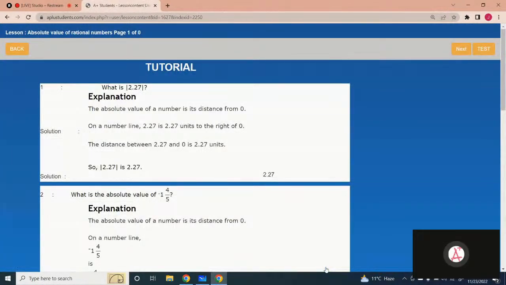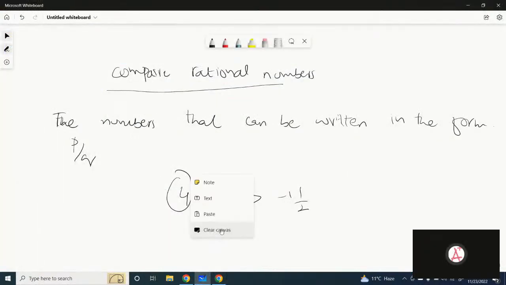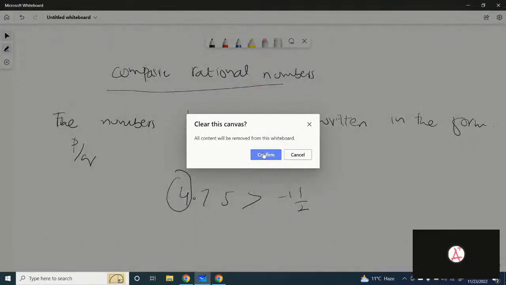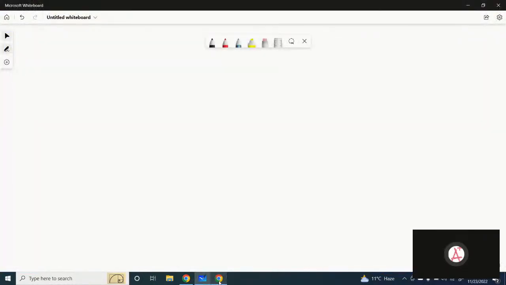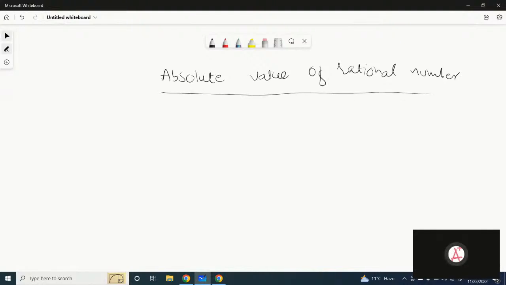Okay, let me just explain absolute value. What is the absolute value of rational number? Please note down the definition I'm going to write for the absolute value.